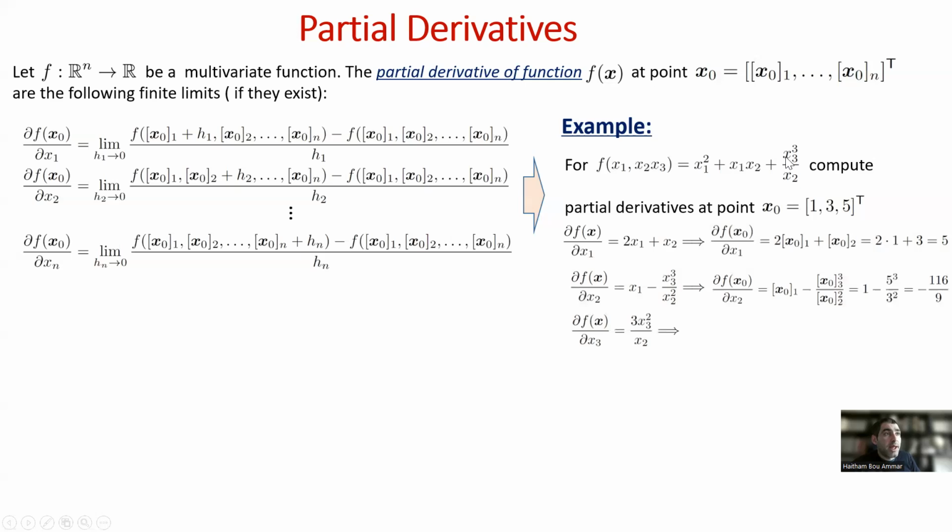The only term that has x3 is the last term, x3 cubed divided by x2. But keep in mind that x2, although it's in the denominator, is treated as a constant, so it goes untouched. Therefore, we only need to take the derivative of x3 cubed, which will be 3 multiplied by x3 squared, the square of the third component.